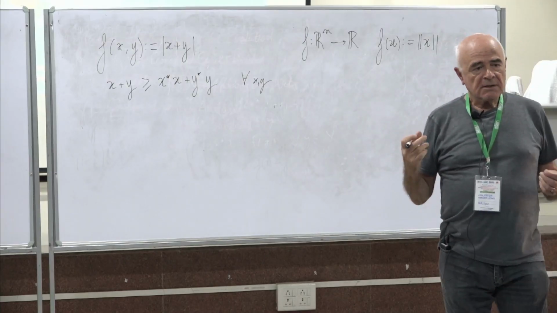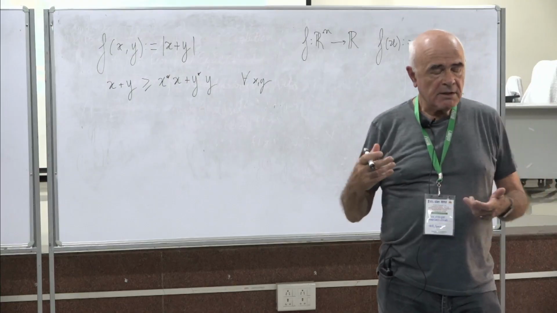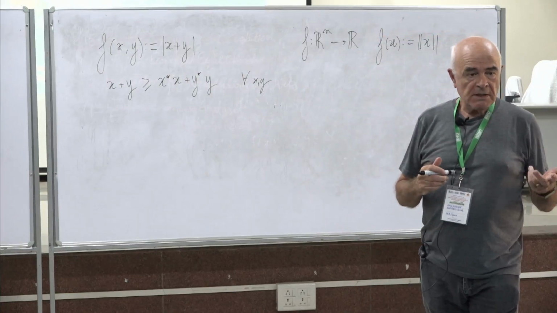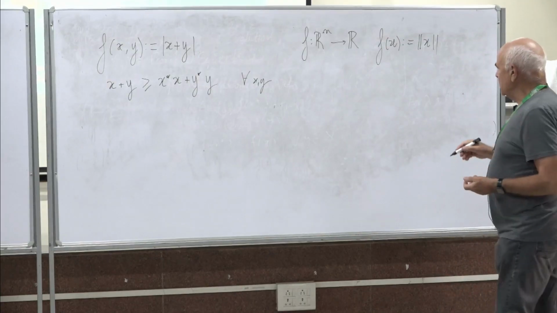It can be seen that outside the origin it's differentiable, and then, as we are going to see, the subdifferential coincides with the singleton of the gradient. But what happens at the origin?